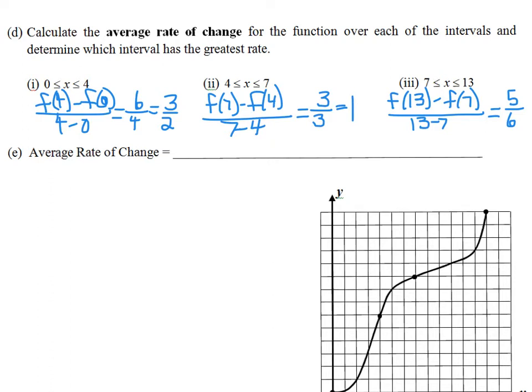Hopefully you recognize that average rate of change as actually just the slope of the line that connects those points on my graph. So we're going to go ahead to our graph and we're going to draw in the line segments that represent those slopes.